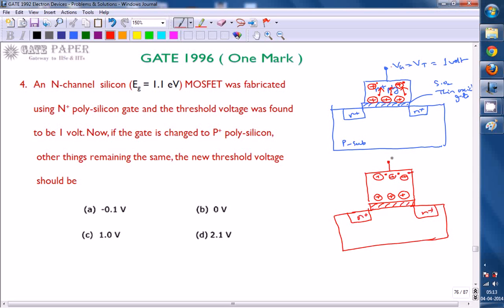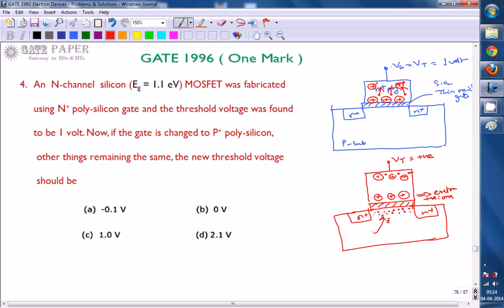Along with the positive voltage you apply, an extra positive charge, the positive ions, is created. These aid the applied voltage, so you get the positive voltage along with some extra positive charge. This positive charge attracts electrons, so electrons are attracted over here and a channel is formed.